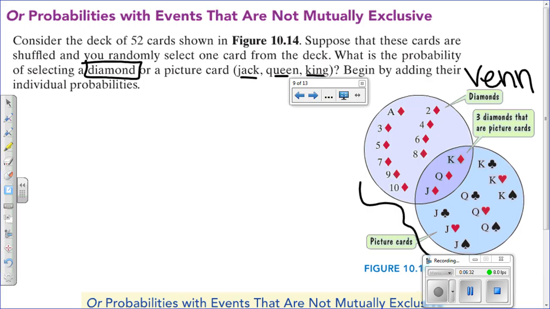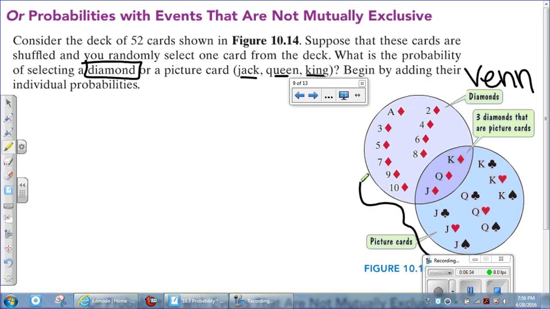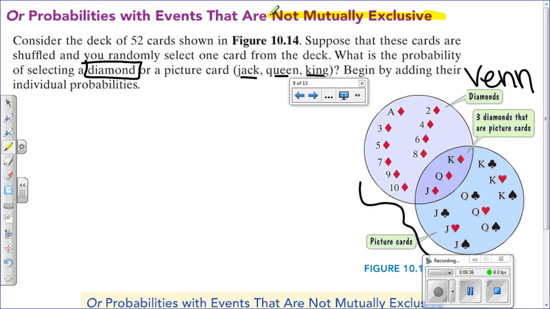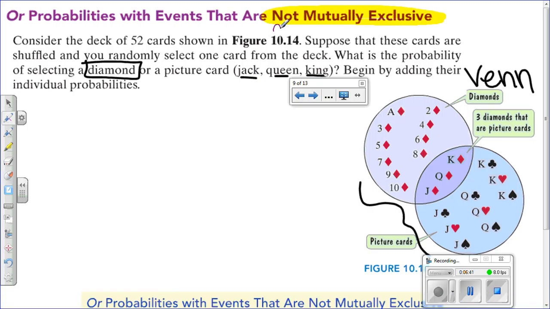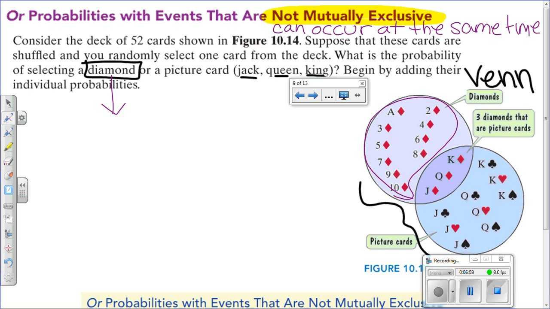So in this case, we're going to be talking about events that are not mutually exclusive, and so what that means is that those events can occur at the same time. So what do we mean by that? Imagine we're talking about diamonds, and we have the drawing here. All those diamonds, we have the numbers, but we also have the face cards right there.